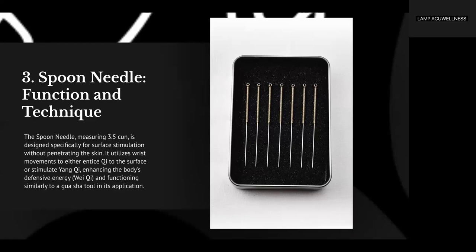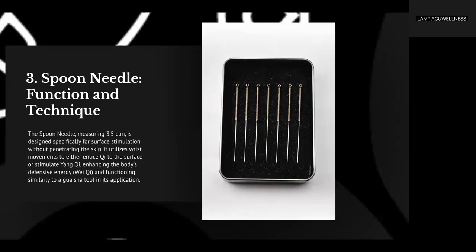The spoon needle, measuring 3.5 tun, is designed specifically for surface stimulation without penetrating the skin. It utilizes wrist movements to either entice qi to the surface or stimulate yang qi, enhancing the body's defensive energy and functioning similarly to a gua sha tool in its application.